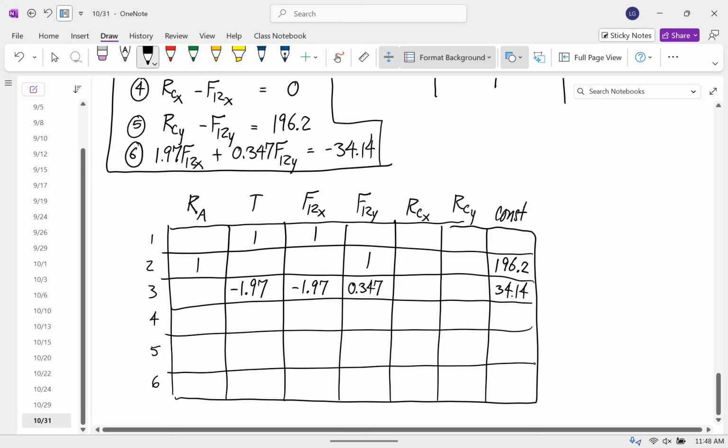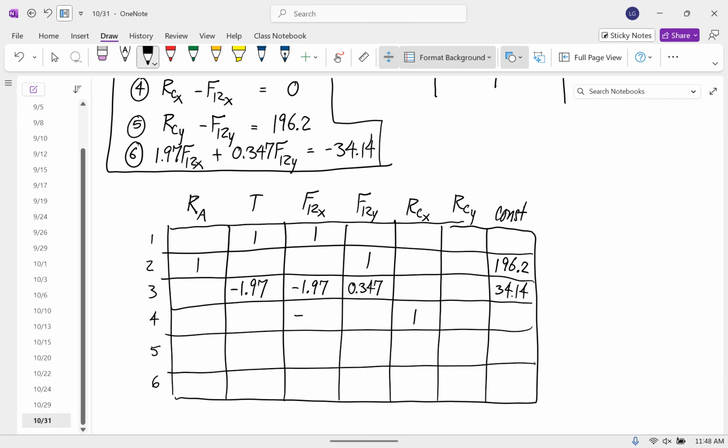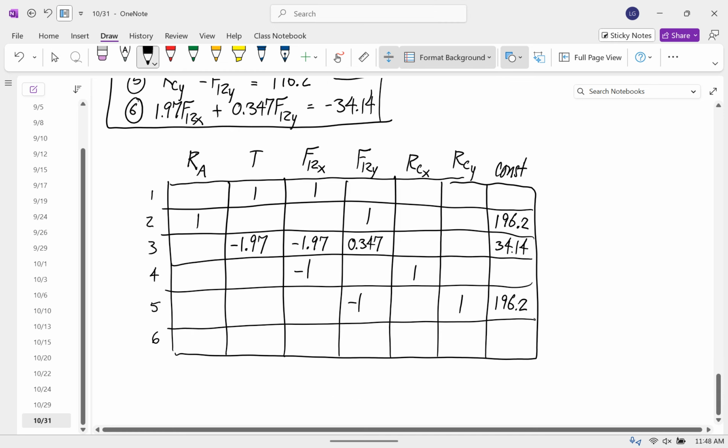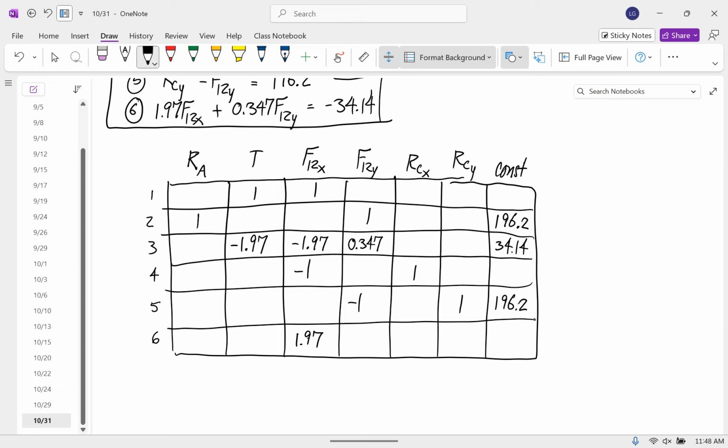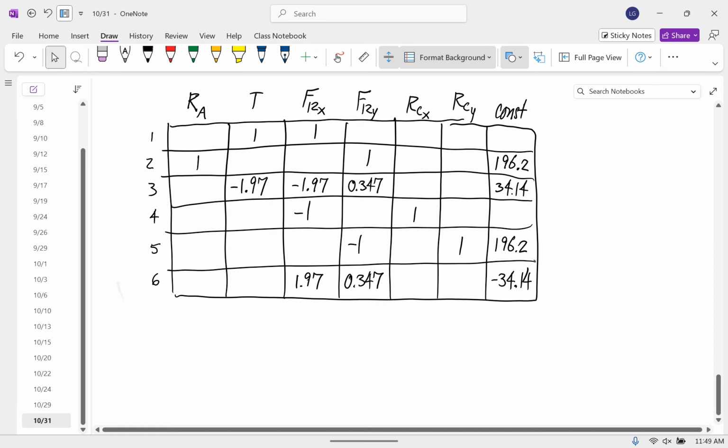Then equation 4, RCX is 1. F12X is negative 1. Equation 5, RCY is 1. F12Y is negative 1. And the constant is 196.2. Equation 6, F12X is 1.97. F12Y is 0.347. And the constant is negative 34.14.